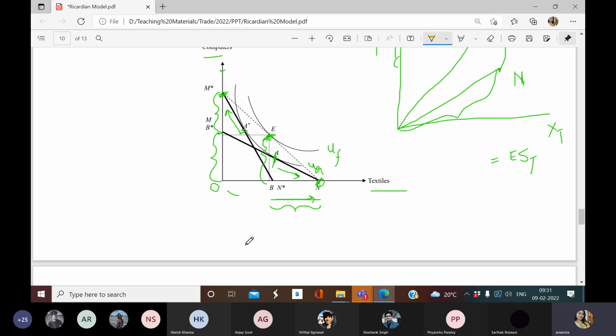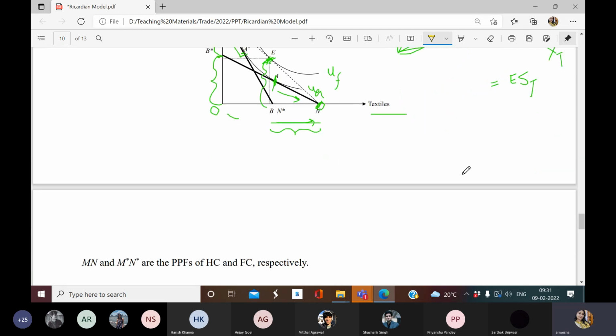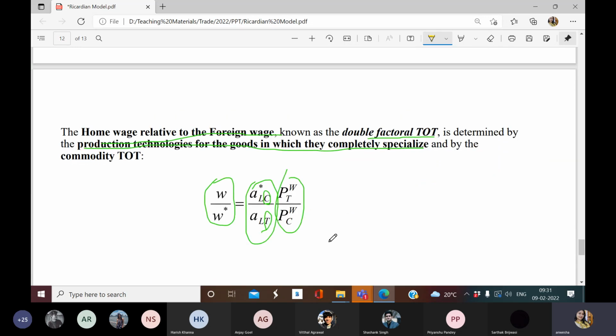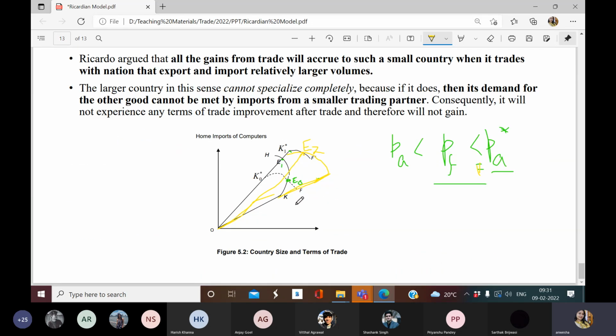So with this constant cost, your PPF is a straight line, and in the post-trade situation the countries are completely specialized, and you have a linear segment in your offer curve. As long as these linear segments in the offer curve are more or less of equal magnitude, both countries are gaining from trade, because the post-trade relative price lies in between the pre-trade relative prices.